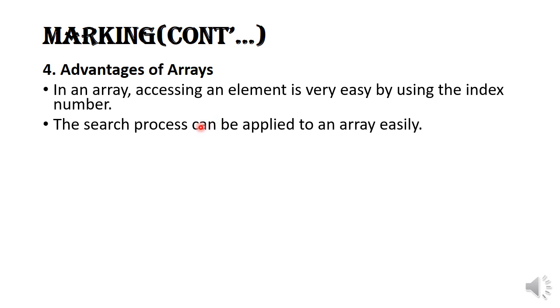Also, it is easy to search for an element in an array. In computer science, there are searching methods, such as binary search and linear search. It is very easy to apply the searching process on arrays, because an array is a collection of elements of similar data types, and an array has a finite number of elements.